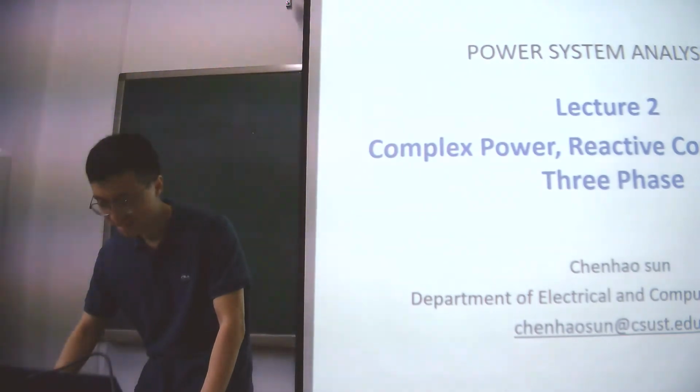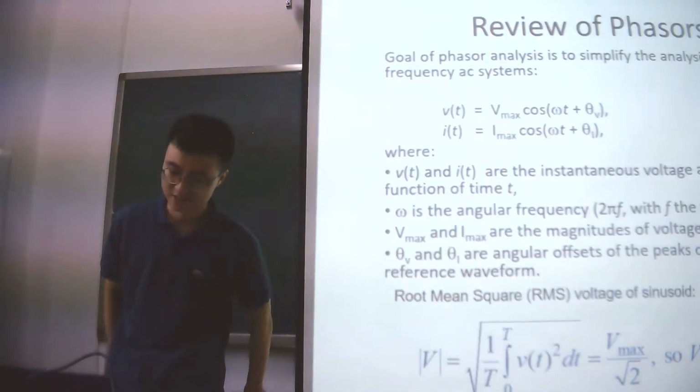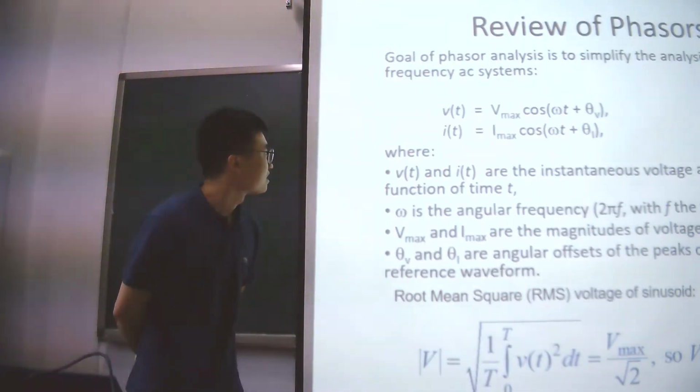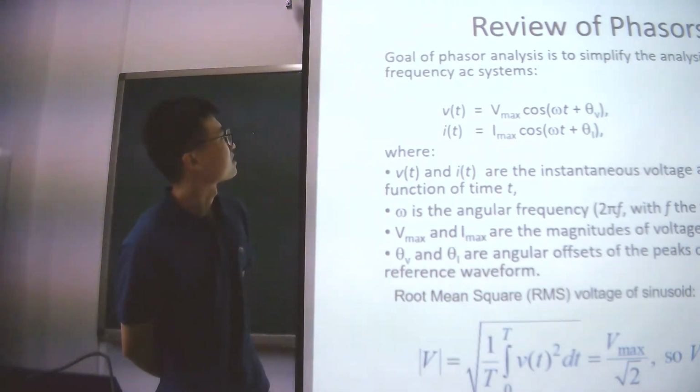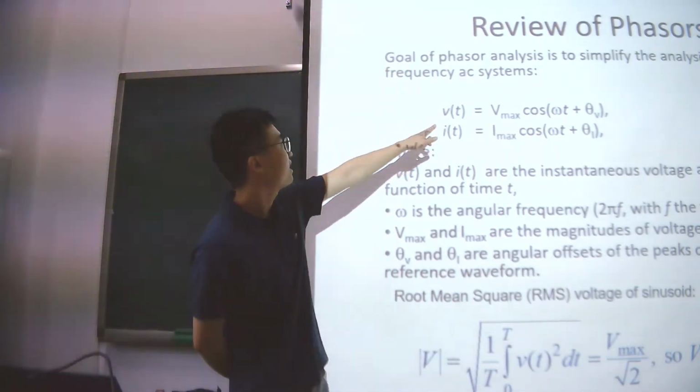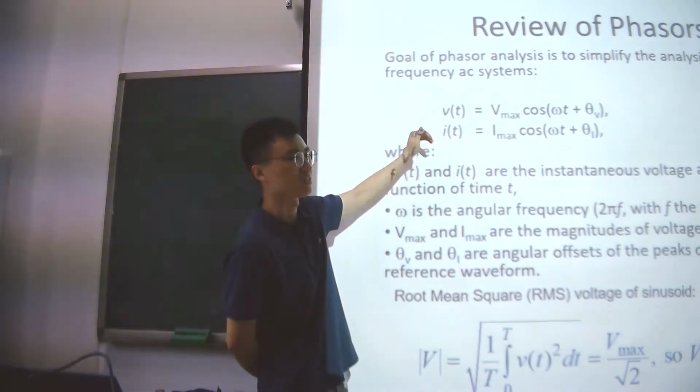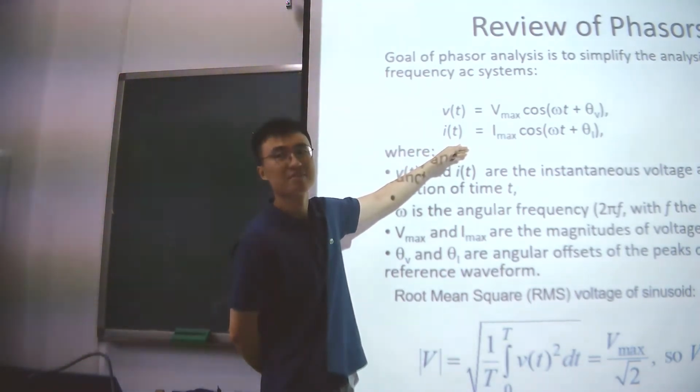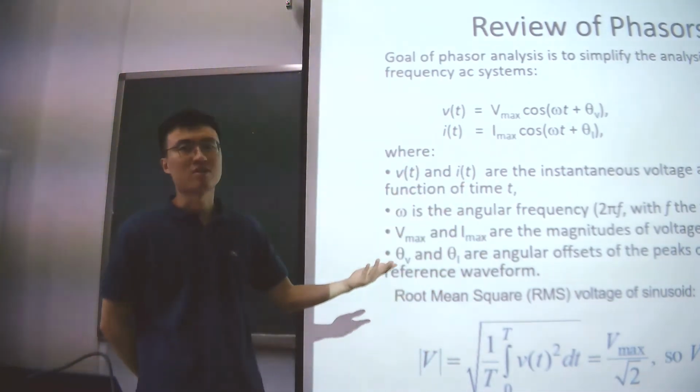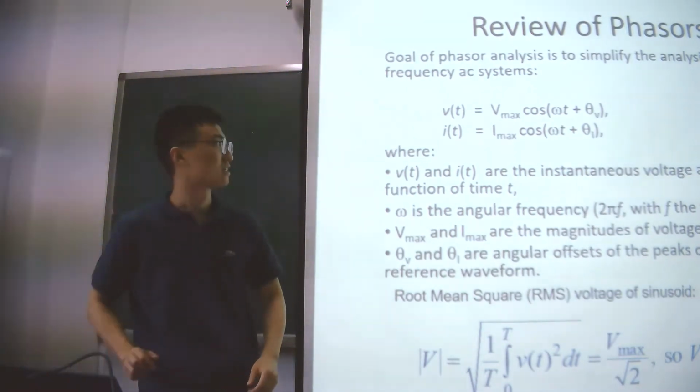Okay, let's get started with the basics, right? This is the voltage and the current range. In the time domain, because there are 2 domains, the time domain and the phasor domain, right?